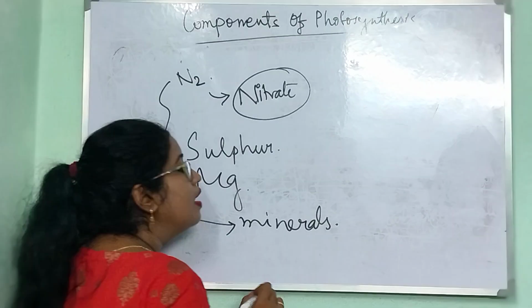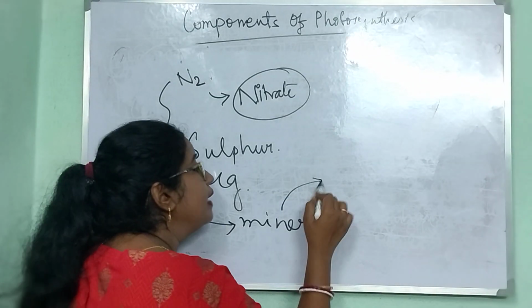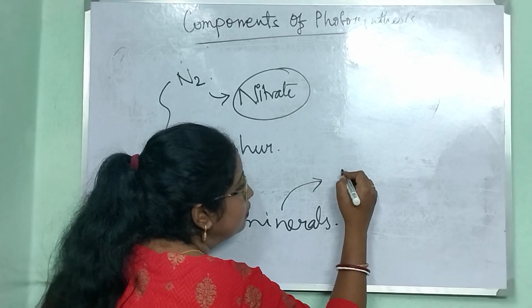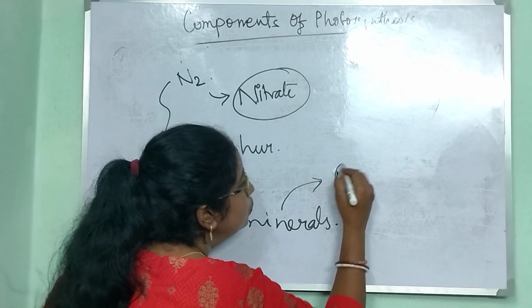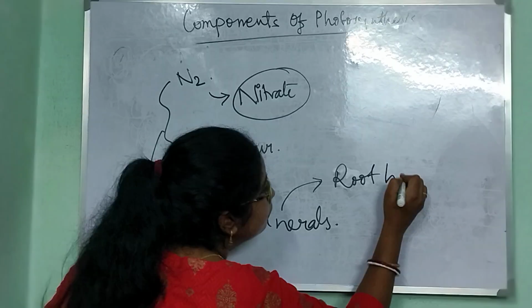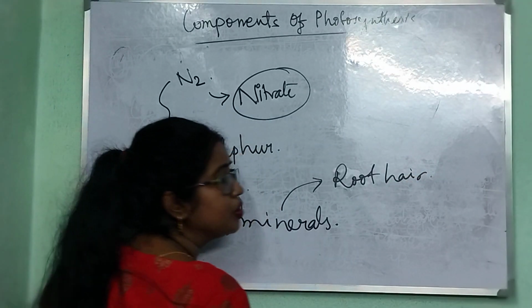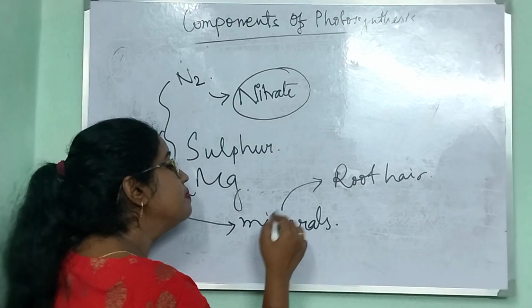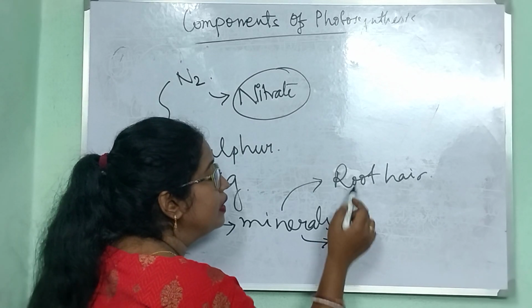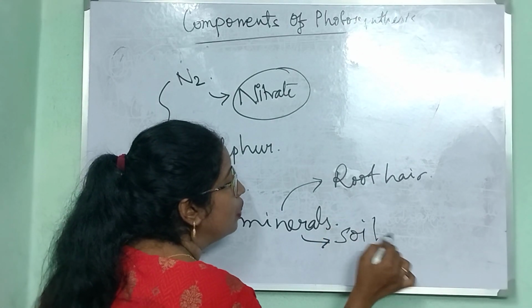These minerals are absorbed by the root hair when water absorption happens, meaning these minerals are taken up by the root hair from soil.